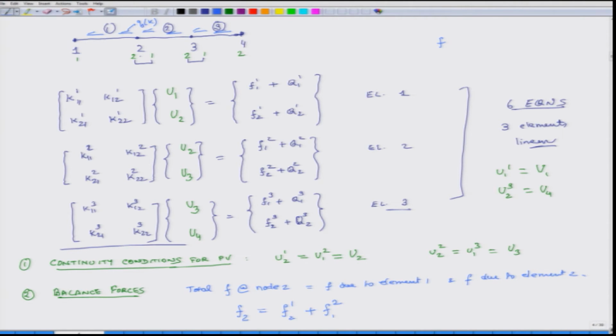Similarly, I can say that F at node 3 is equal to its contribution from the second element, which is F22, plus contribution from the third element, which is F13. Agreed? So, this is the second thing which we note.